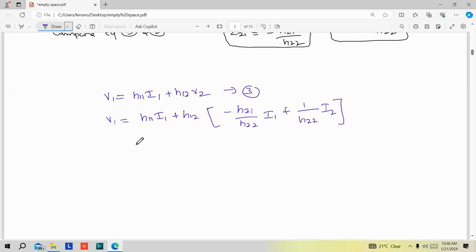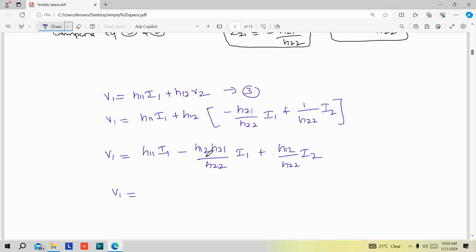Now just simplify this and arrange in I1 and I2. So H11 I1, open this bracket, minus H12 H21 divided by H22 I1 plus H12 divided by H22 I2. Just rearranging in I1 and I2 forms.